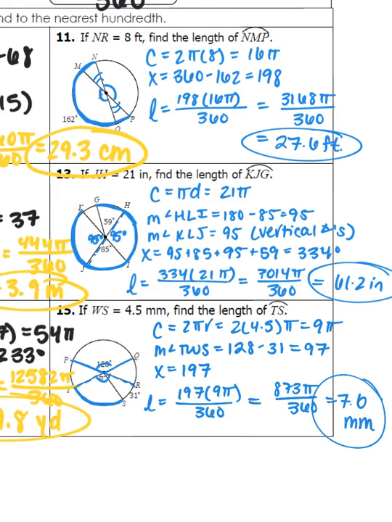Oh, and I have a typo here, actually, so this should have been 97, not 197. 97 degrees. There we go. And then the final answer is still right, though. I actually multiplied 97, but wrote 197.